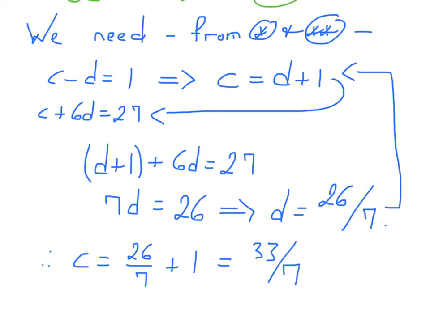And that does it for f to be continuous at 1 and 3, and therefore everywhere. We needed these two equations to be satisfied, and these are satisfied when c equals 33 sevenths and d equals 26 sevenths.